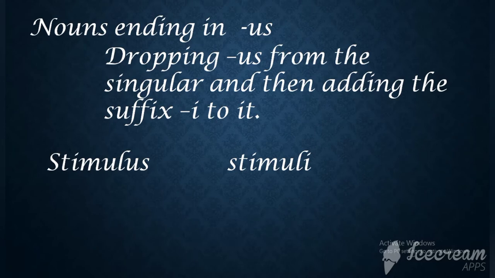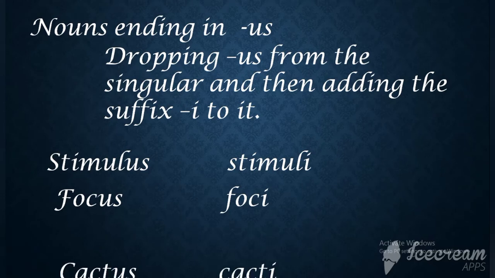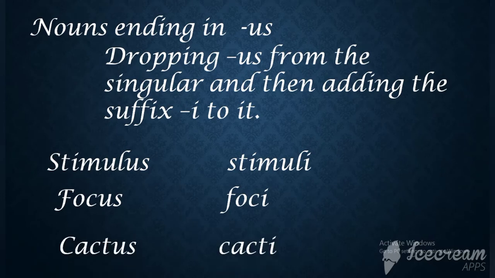We have to drop the US and add I in that place. And then focus, F-O-C-U-S, focus. We drop the US and add I to it, right? I think you have understood. And then cactus, C-A-C-T-U-S, cactus, not cactuses, cacti. So we have to drop US and add I to it.